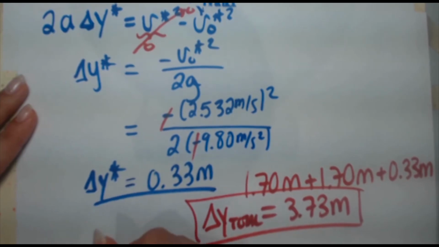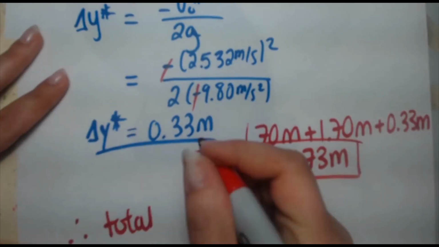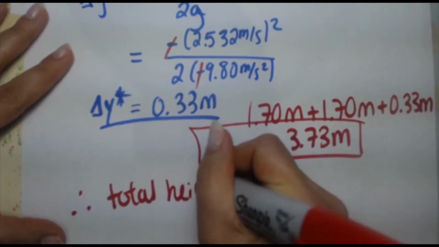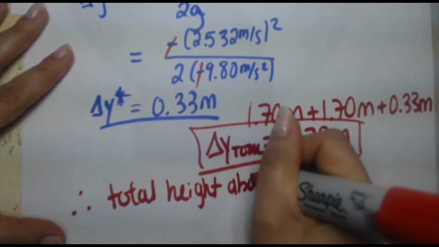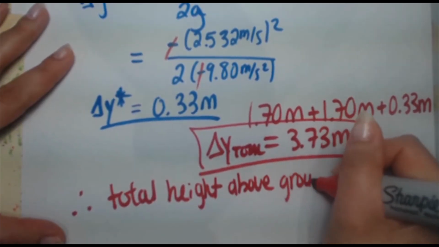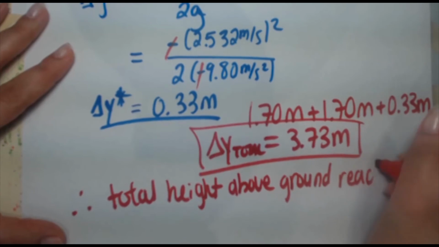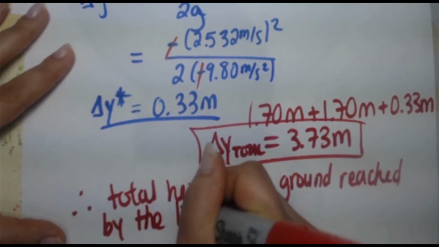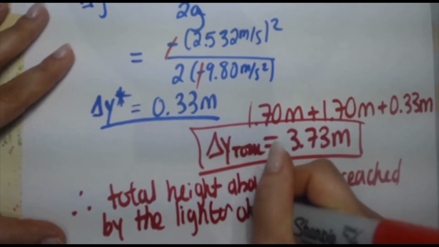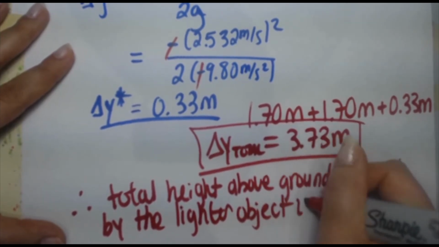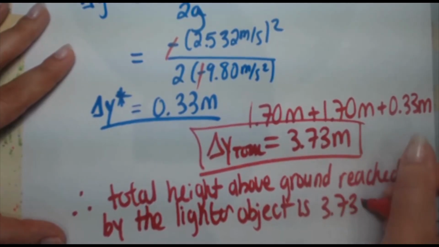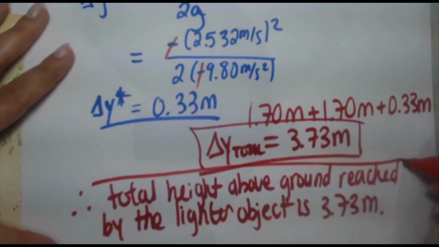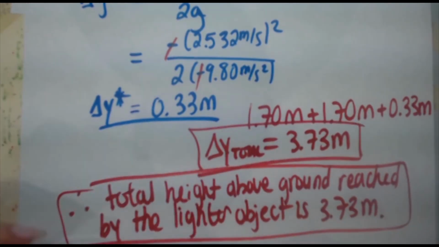Therefore, the total height above the ground reached by the lighter object is 3.73 meters.